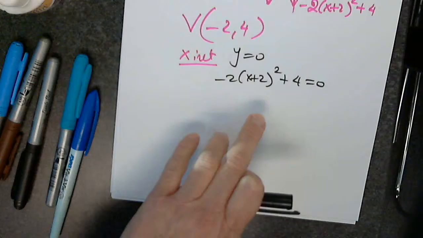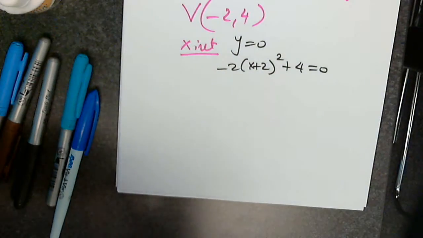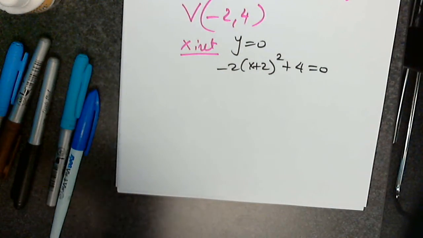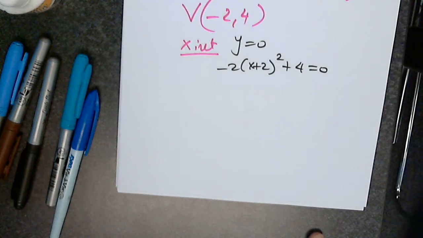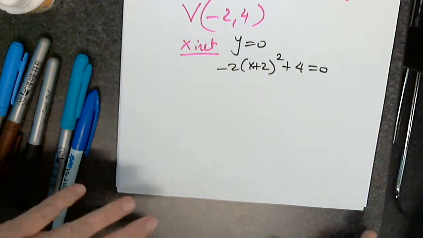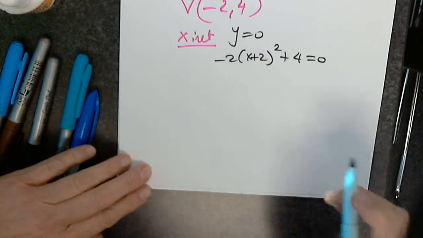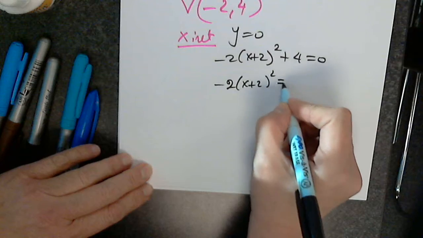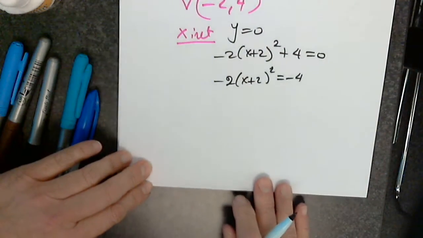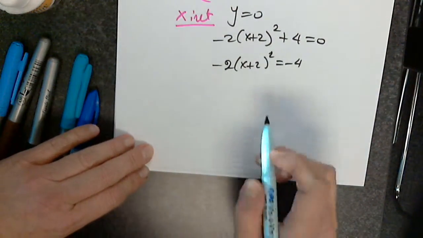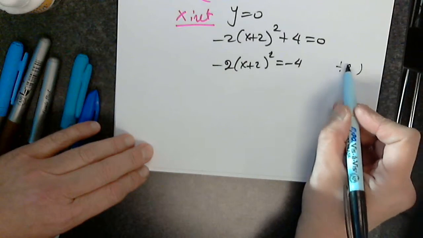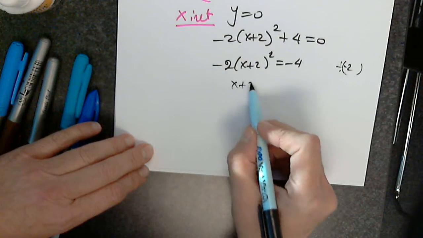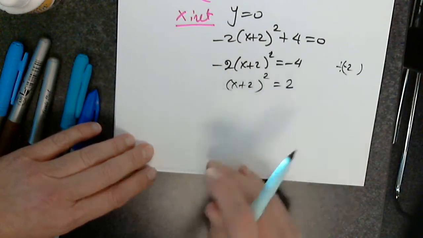That's why we studied this in chapter 2 to make our life easier now. So can anyone give us the steps towards solving this? Subtract 4. So negative 2 times x plus 2 squared equals negative 4. Then, good. Divide both sides by negative 2. So I have x plus 2 squared equals 2.